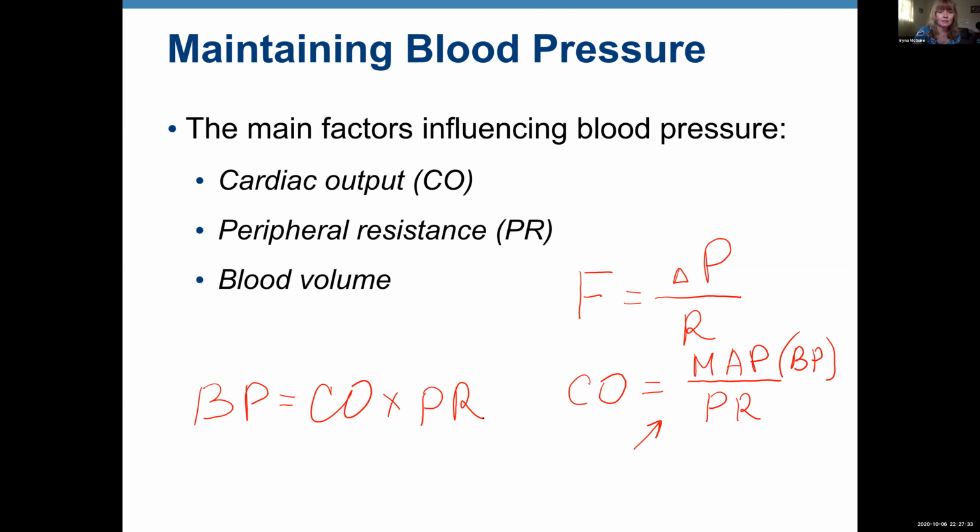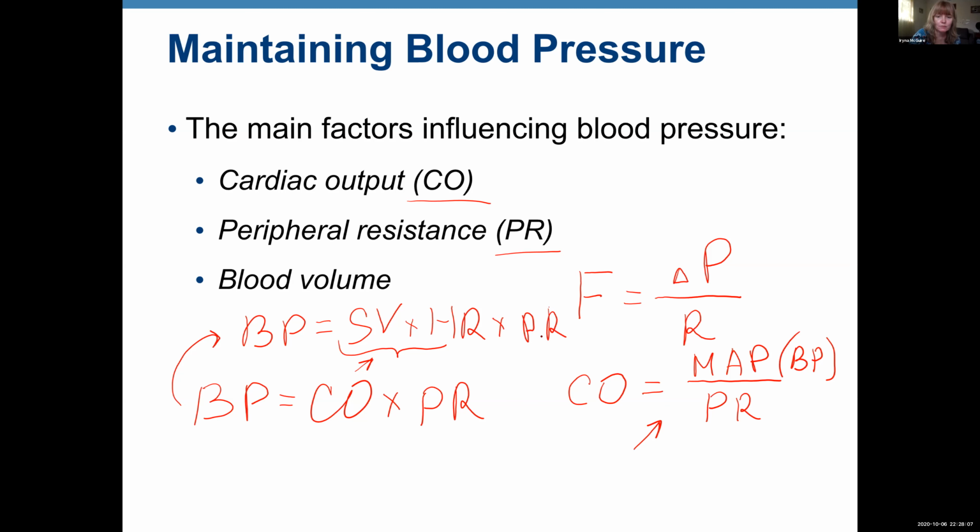So that's why the factors that influence blood pressure are cardiac output and peripheral resistance. Now also, blood pressure equals, remember what cardiac output is, stroke volume multiplied by heart rate, right? That's our cardiac output. So all of this is cardiac output multiplied by peripheral resistance.